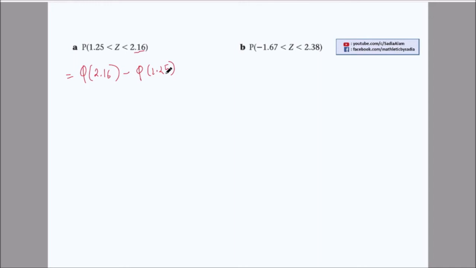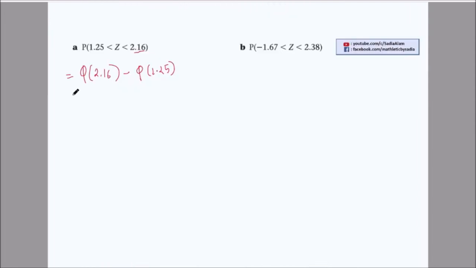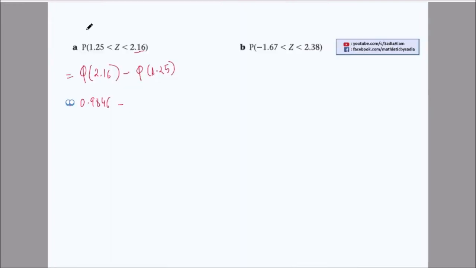Phi of 2.16 means z is 2.16. This one. So the probability is 0.9846, and phi of 1.25, so 0.8944. Solving this will give you this final line.